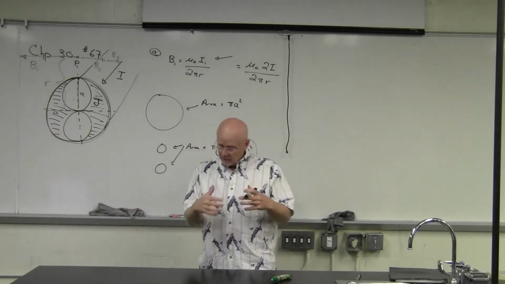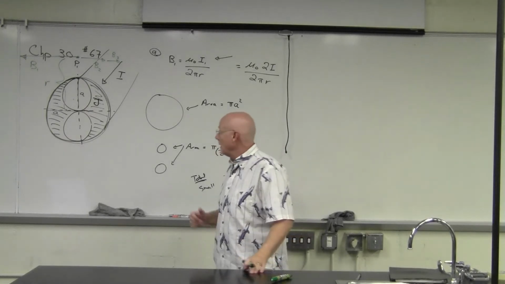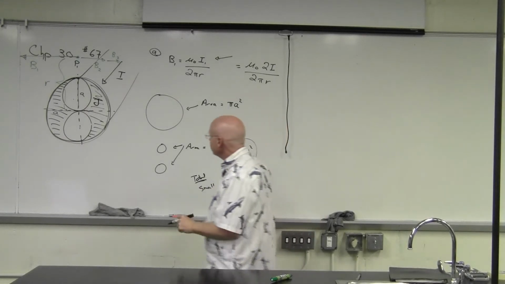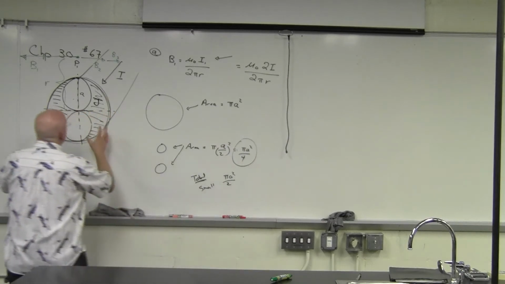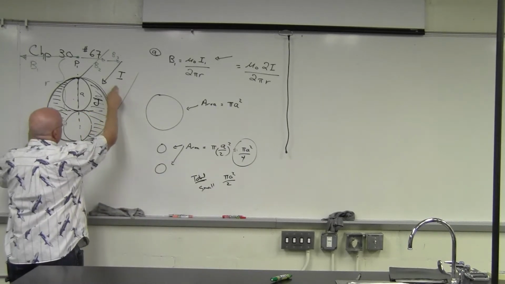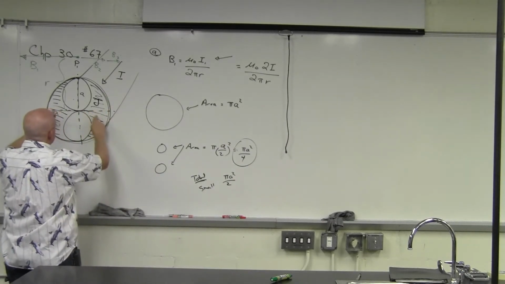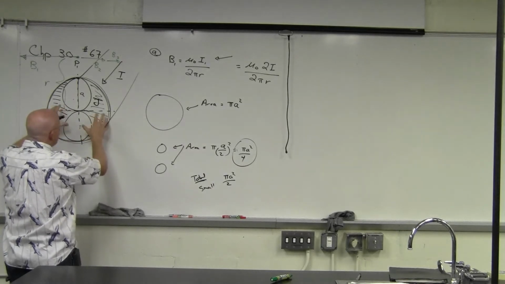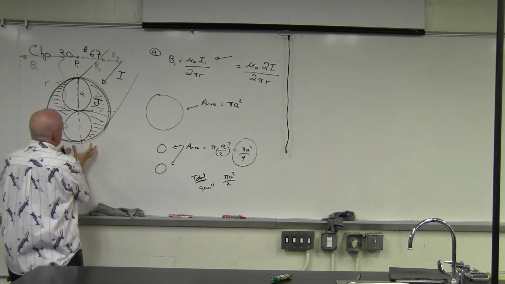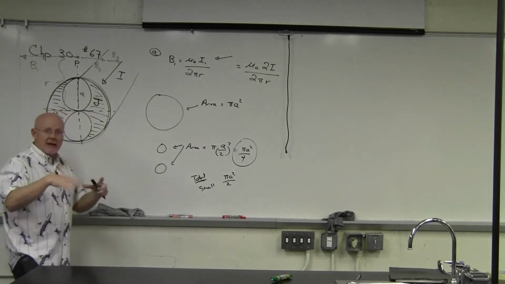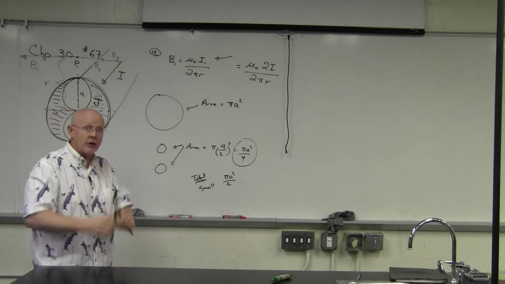So again, ultimately, I want to make sure that I have a current where the total I is in these 2 areas. And to do that, I need to think of this as being solid, and carrying twice as much current.